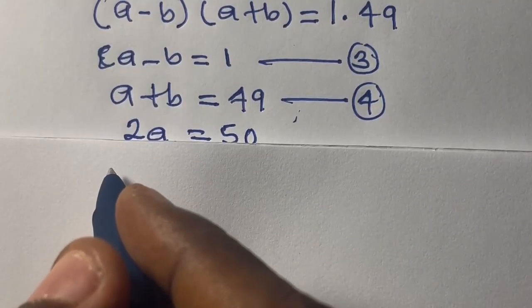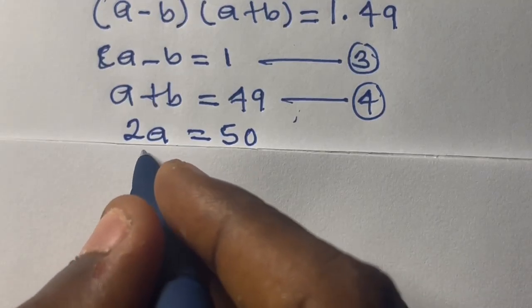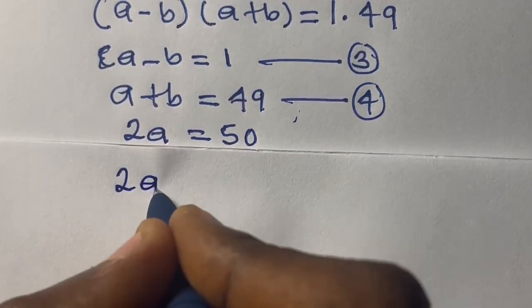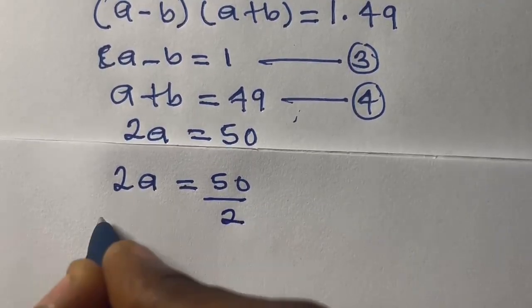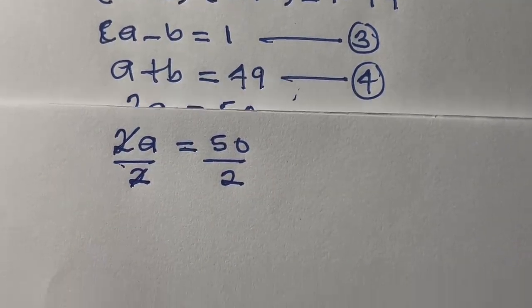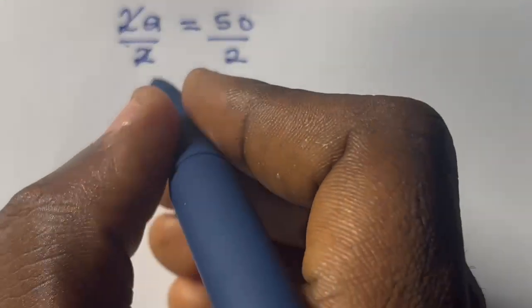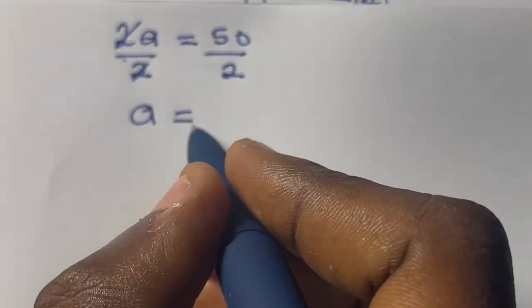To move further, we divide both sides by 2, the coefficient of a. So we have 2a equals 50, divided by 2, this cancels out, so we have a equals 25.